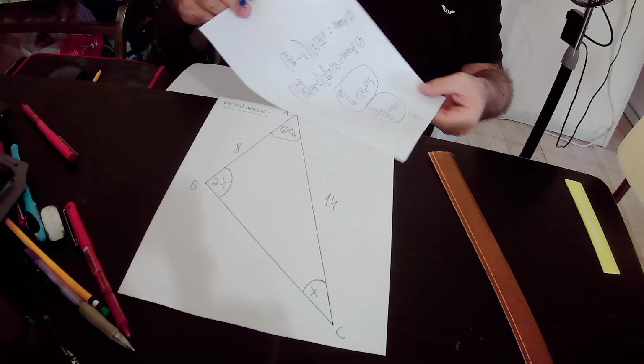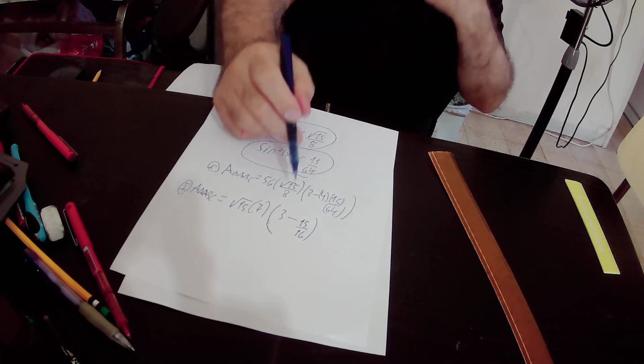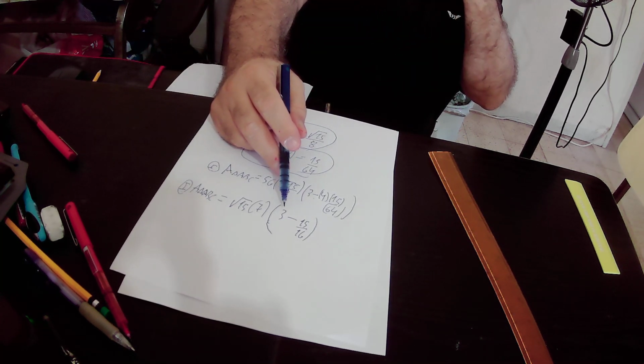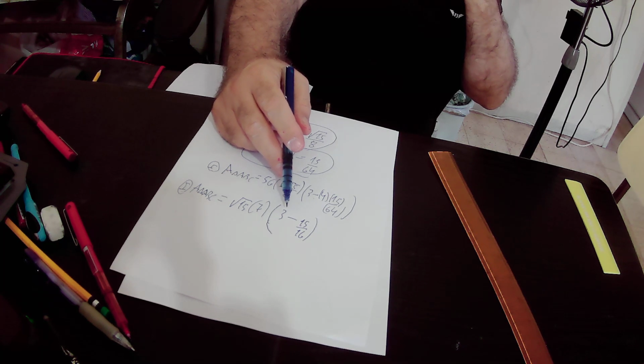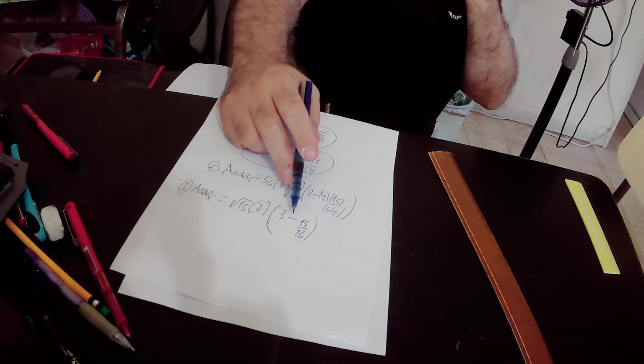Here we will write 48 over 16 in order to have a common denominator, that is 16.